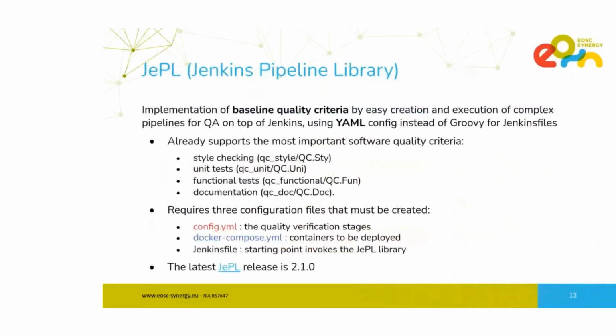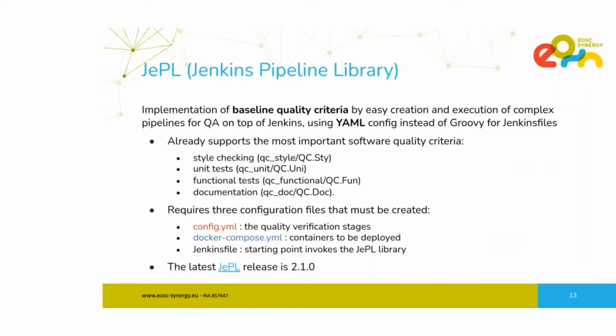The Jenkins pipeline library implements those baseline quality criteria described in the document, and instead of dealing with the Jenkinsfile and describing every stage, one uses a YAML config file where those stages are described in a more intuitive way.